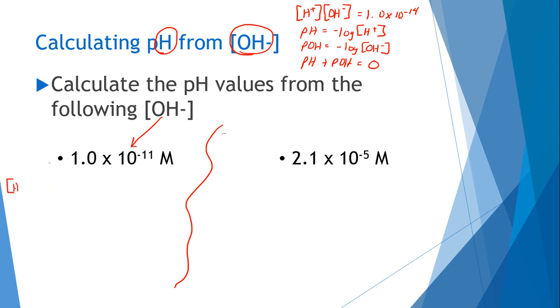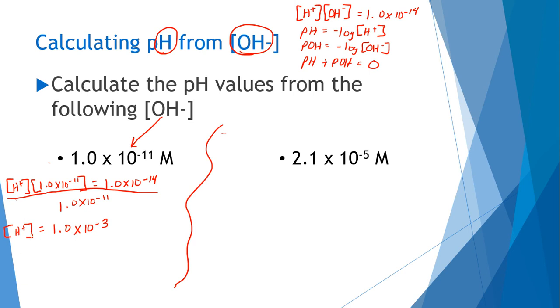So I can say, okay, H plus times my OH, which is 1.0 times 10 to the negative 11th, has to always equal 1.0 times 10 to the negative 14th. And you can solve this by dividing by 1.0 times 10 to the negative 11th. And that tells me that my H plus concentration is actually equal to 1.0 times 10 to the negative 3.